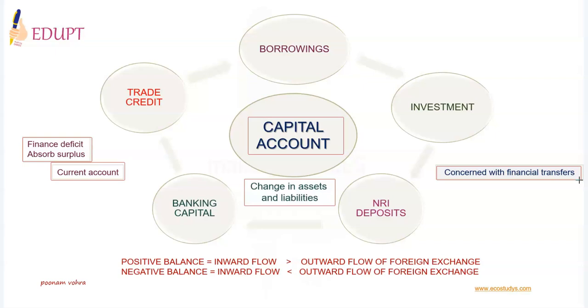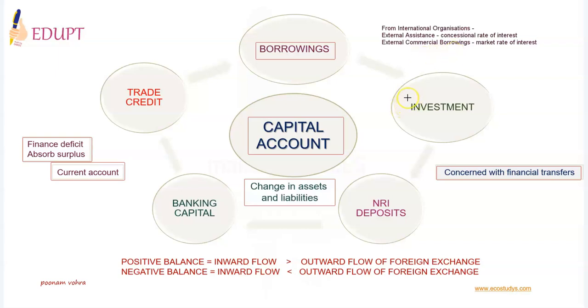Its components are, first, borrowings, that is, the private sector and government borrow from international organizations, and this is split into 2: external assistance, which is available at concessional rates of interest, and external commercial borrowings, available at market rate of interest.